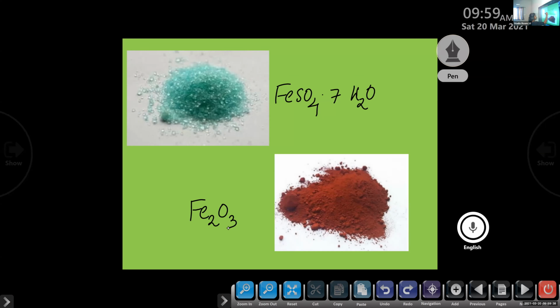So this is the conversion. FeSO4.7H2O decomposes to form ferric oxide. This one is solid, that's why it's in the form of a powder. And the other products, sulfur dioxide and sulfur trioxide, are in gaseous state. Okay, this is clear.